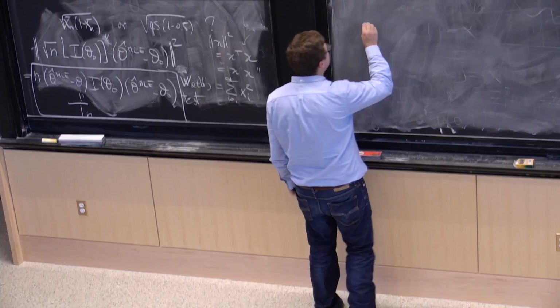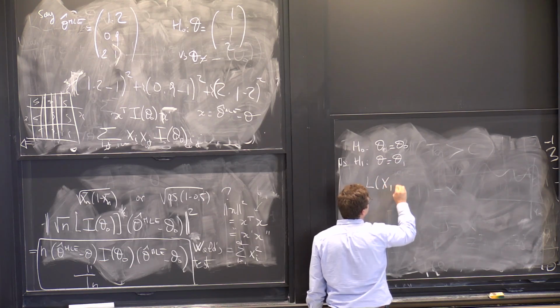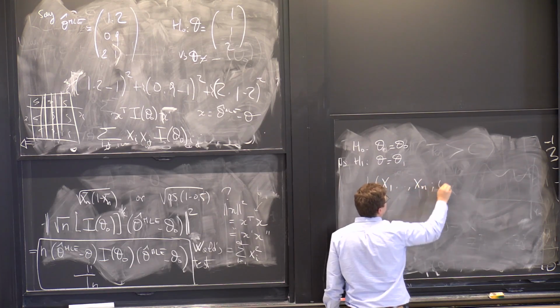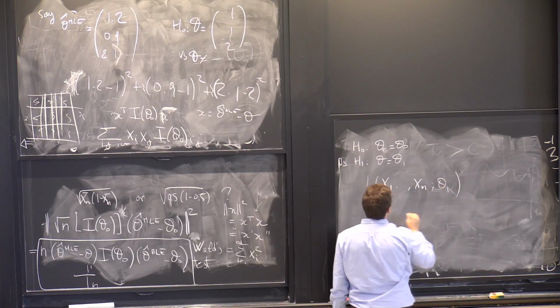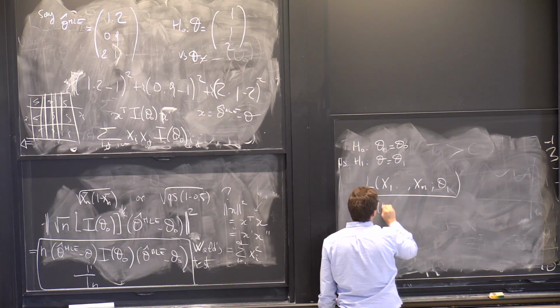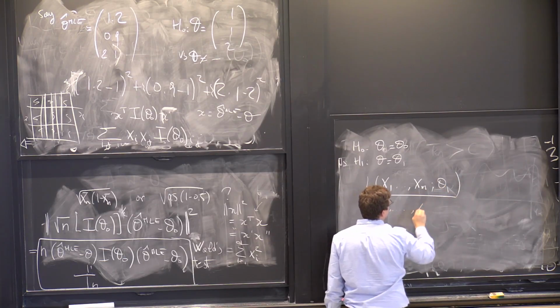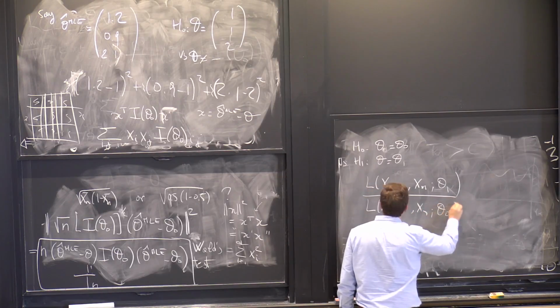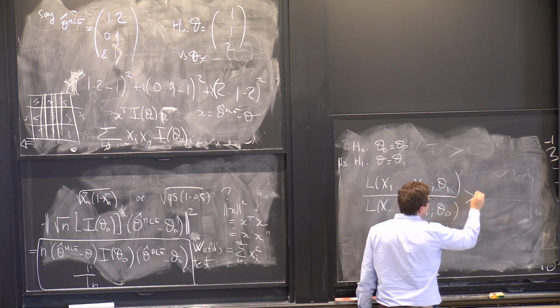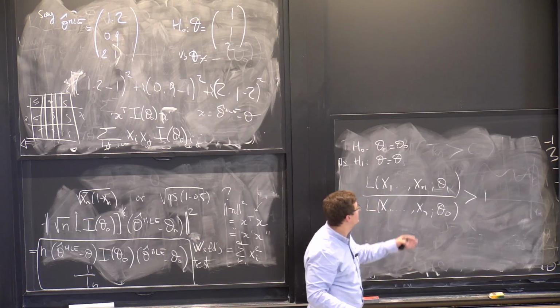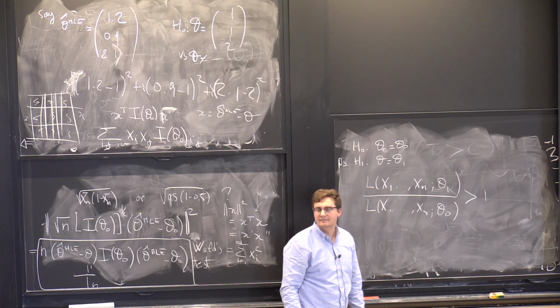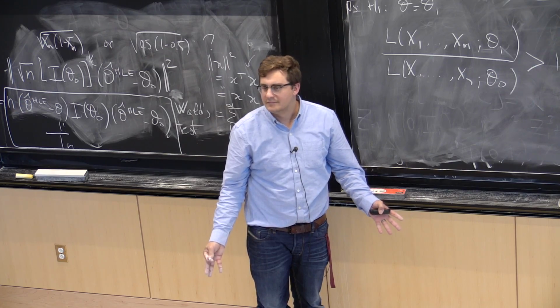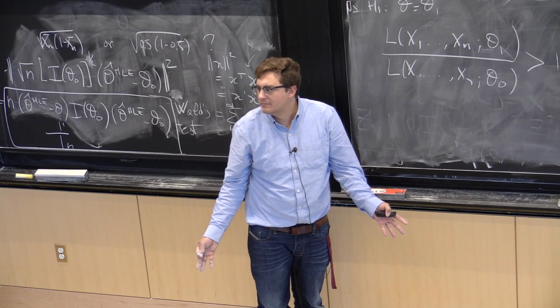So what I can do is form the likelihood of theta 1, divided by the likelihood of theta 0, and check if this thing is larger than 1. That would mean that this guy is more likely than that guy. Right? That's a natural way to proceed.